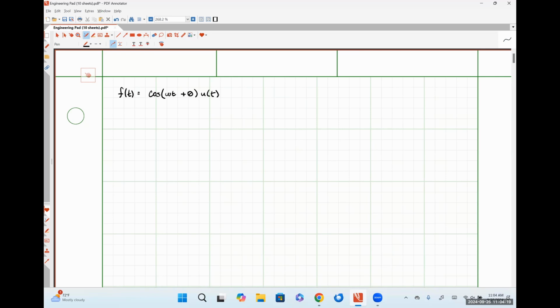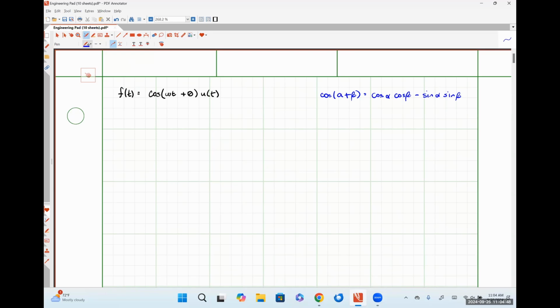For those of you that took me for Circuits 1, you've probably seen this trig identity before. What I'm going to do is use the relationship cosine of alpha plus beta is equal to cosine alpha cosine beta minus sine alpha sine beta to express this in terms of things that we've done before.